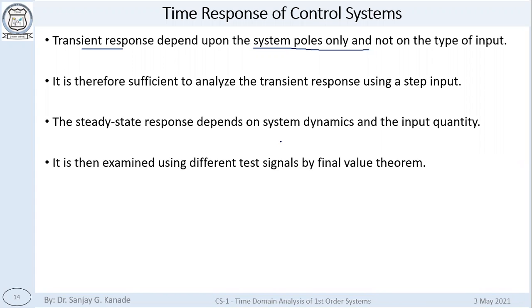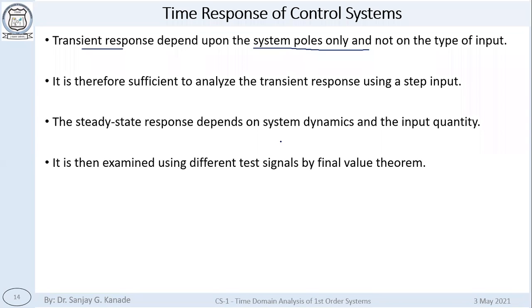We have seen the standard test signals: impulse, step, ramp, and parabolic. Step is one of the most important because it is the most practical signal we use in day-to-day life, so we analyze any system's transient response using a step input.